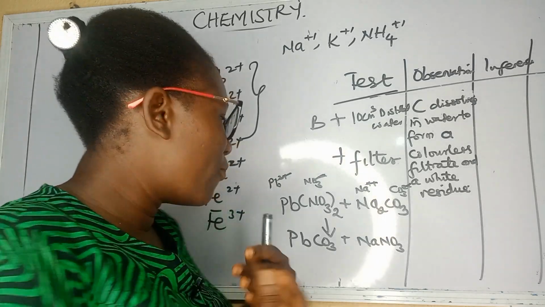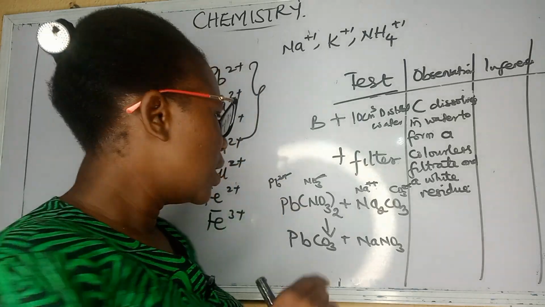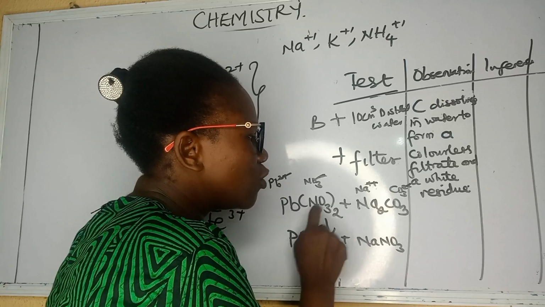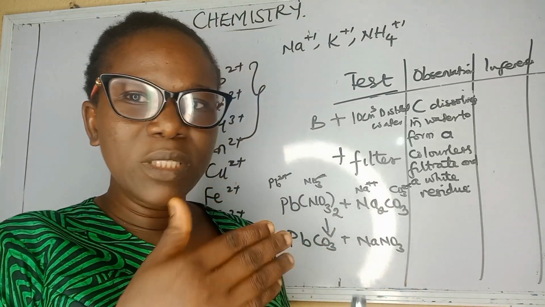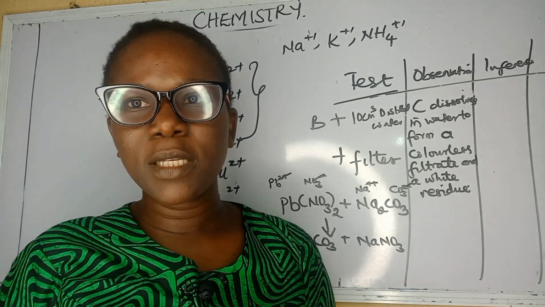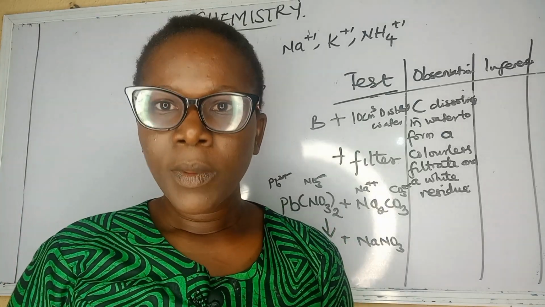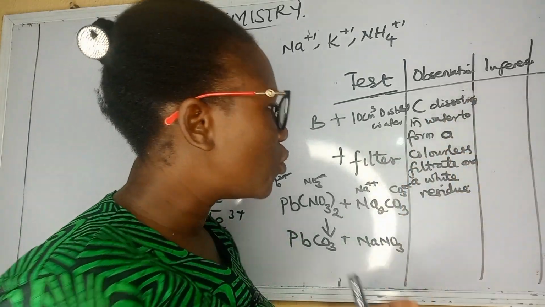Assuming you don't even have foreknowledge of this compound, you don't know what is inside sample C. I'm giving you an example that if these 2 salts made up sample C, I'm just explaining what you will be expecting. But in case you don't have an idea of what sample C is made up of, once you add water you will write whether it dissolves or does not dissolve.